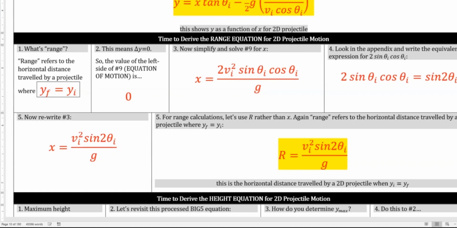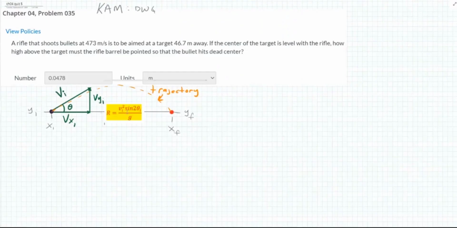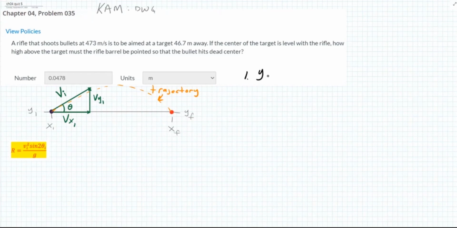All right, I'm going to copy and paste box 5, the result that you see there, right here, because we do have a range situation. We have a range situation because, as mentioned, number 1, y final equals y initial. So this is good to go for the range equation.